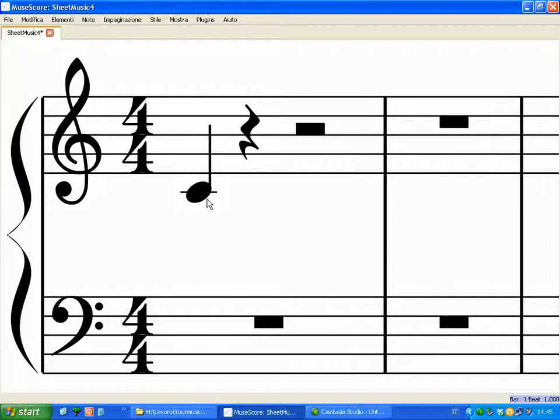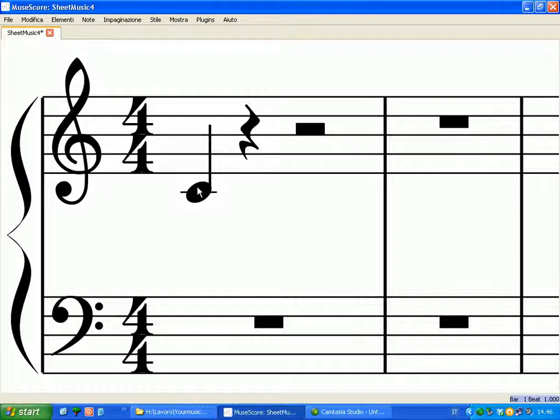So once we have found the reference sound, since we know the succession of the notes from a note to a higher note, we can find all the other notes.